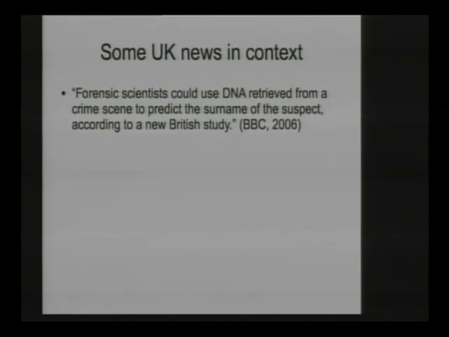So some British scientists said they can predict someone's last name based on their DNA. This only works for males because the Y chromosome is only passed from father to son, like the last name. In most cases, at least.